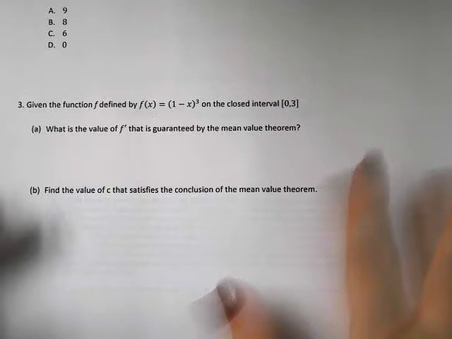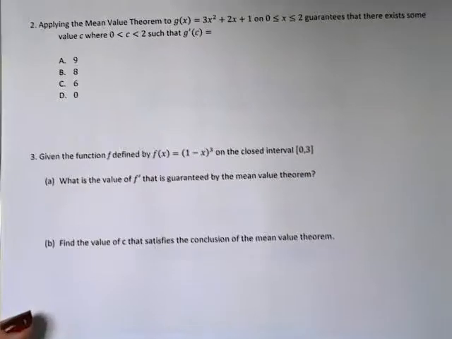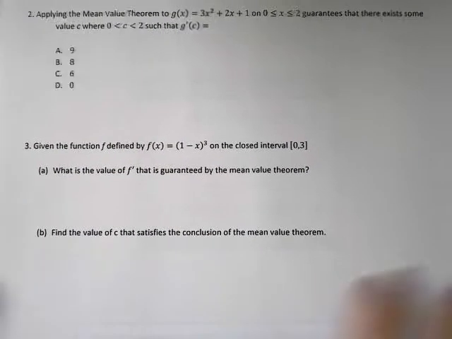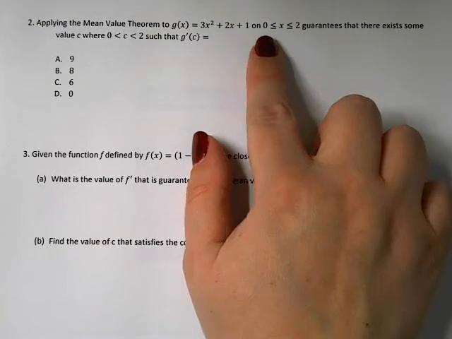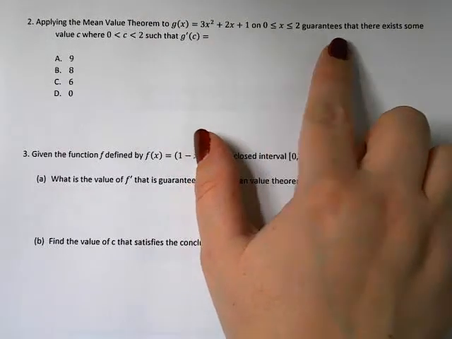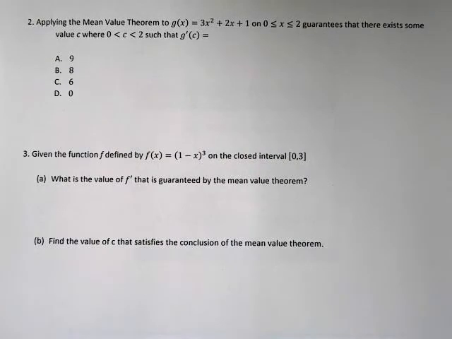All right, so question 2 says applying the mean value theorem to g of x, which is this function, on the interval from 0 to 2, guarantees that there exists some value c between 0 and 2 such that g prime of c equals what number? So this is off of an AP exam.